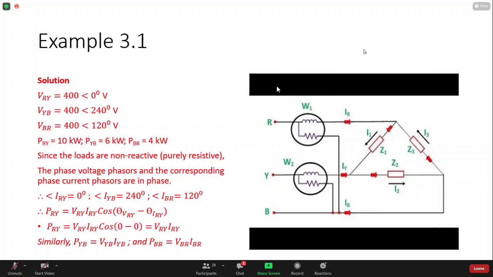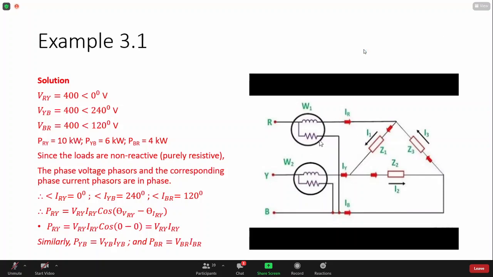Now, the next thing we needed to do was to find the phase currents. In order to find the line currents, and since it's an unbalanced system, we need to find all phase currents. All right? Everybody clear? Yes, sir. Sir, why do we have to find all phase currents again, sir?